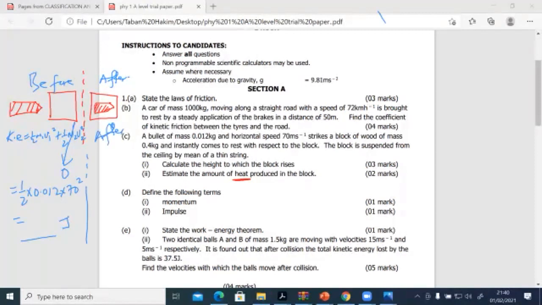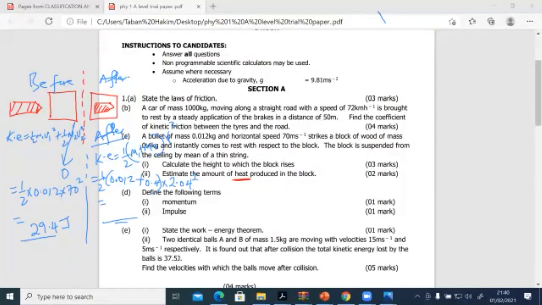Then after collision, our kinetic energy is going to be equal to a half (m1 plus m2) v squared. So this is the same as a half into (0.012 plus 0.4), times 2.04 squared. This is after collision.